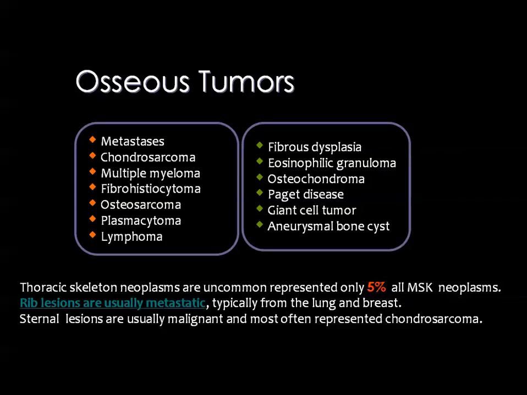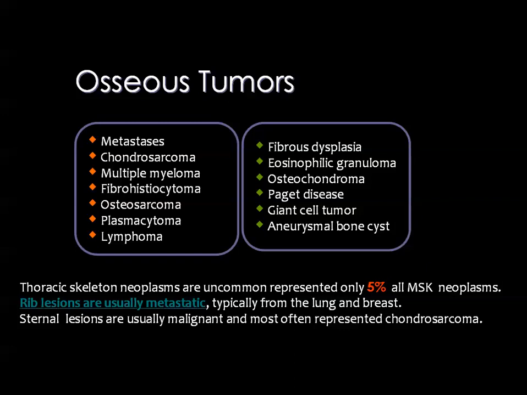Then the osseous tumors of the chest wall are not so much different from other bone tumors, and when I talk in the musculoskeletal sector, I will explain in extreme detail the bony tumors involving the whole skeleton.